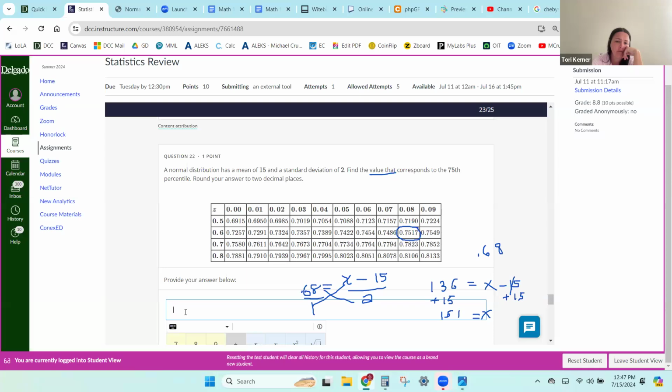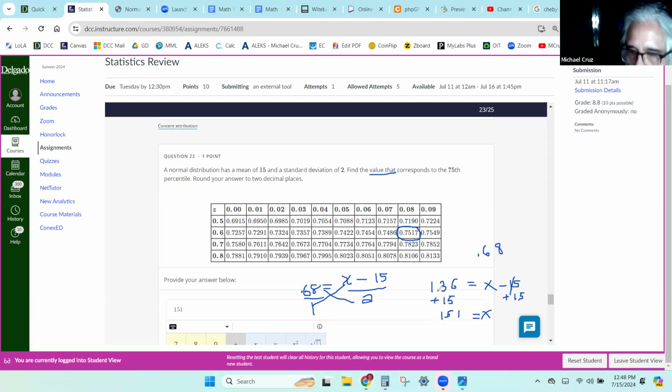No, I multiplied the 2 times the 0.68, and then I added the 15. I got 16.35 was the right answer. I don't know. So 68. Oh, wait a second. 0.68. It's 0.68. So it's 1.36. I'm sorry.